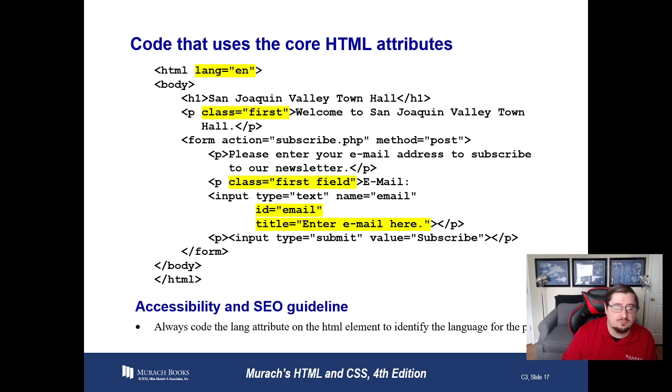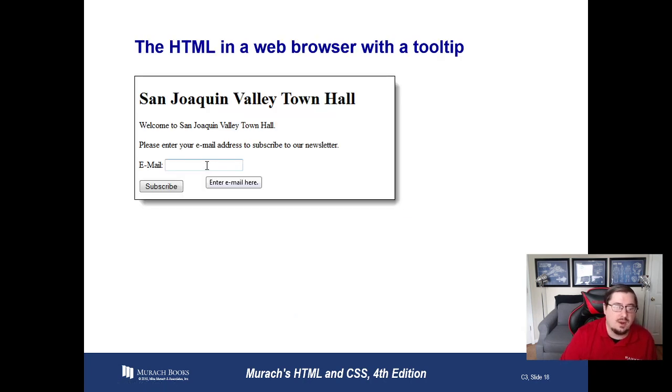The title, which we haven't seen before, is used as a tooltip. So if I hover over the email input now, I'll see this show up: enter email here. That's what title does. Title provides tooltips for elements in our page.